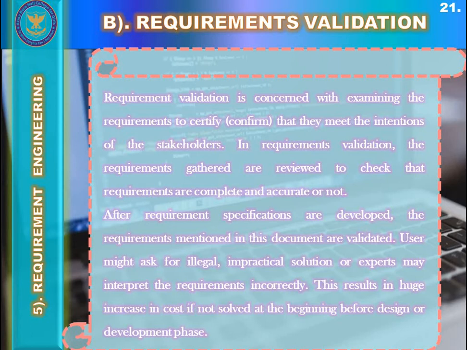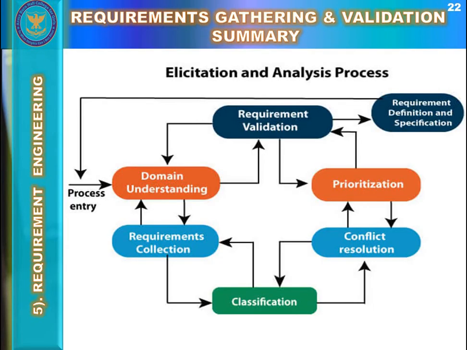They are also checked to see if the requirements are complete or not, and whether the requirements can be demonstrated or not. In the requirement validation stage, requirements are only validated if they are properly defined and specified.